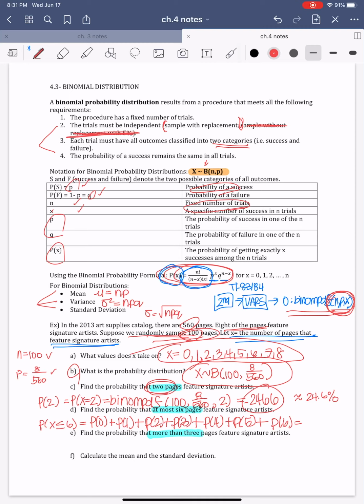If I'm including 0 all the way up to 6, I'm expecting a probability a lot bigger than part C because I'm adding the probabilities. However, you know that it's not going to go over 1, so make sure you're checking that the number makes sense. So that means we have to use binom PDF, calculate these 7 probabilities and sum that up. Okay, so let's do that.